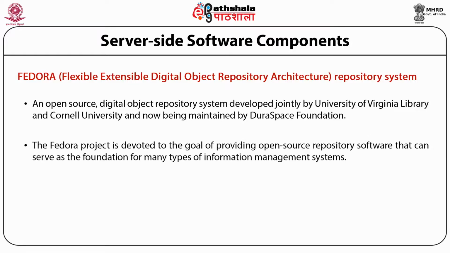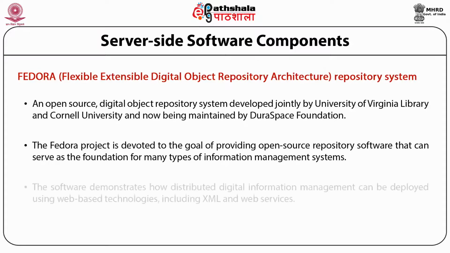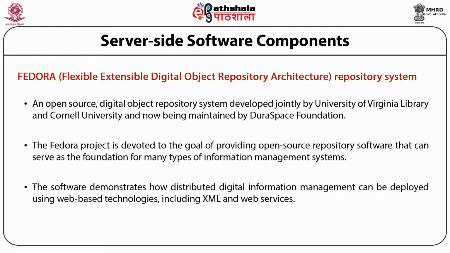The Fedora project is devoted to the goal of providing open source repository software that can serve as a foundation of many types of information management systems. The software demonstrates how distributed digital information management can be deployed using web-based technologies including XML and web services.